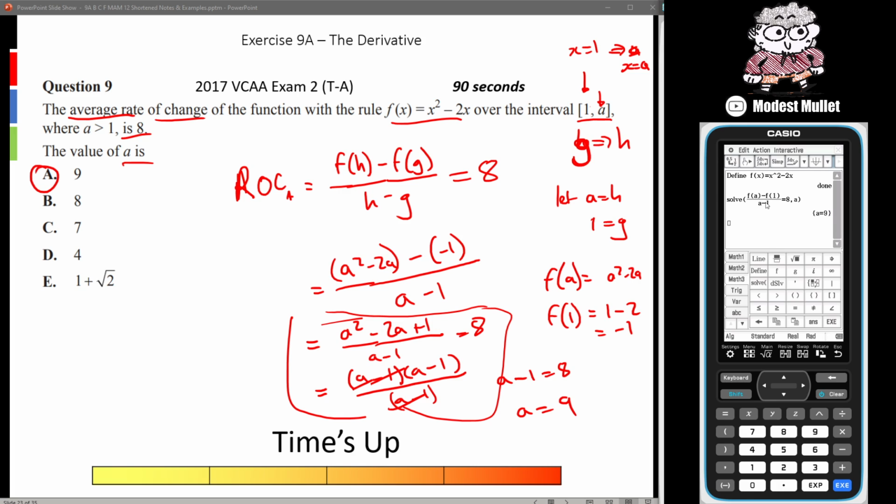That's told us a is equal to 9, which was the answer we got, and done. So that's how you could have done it on the CAS.